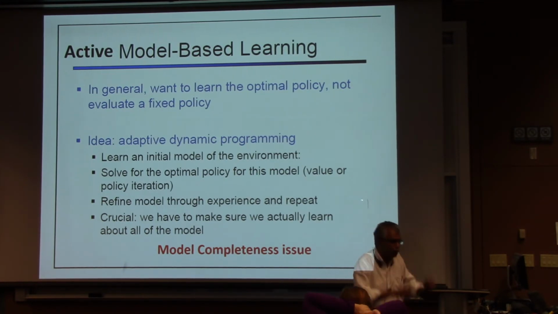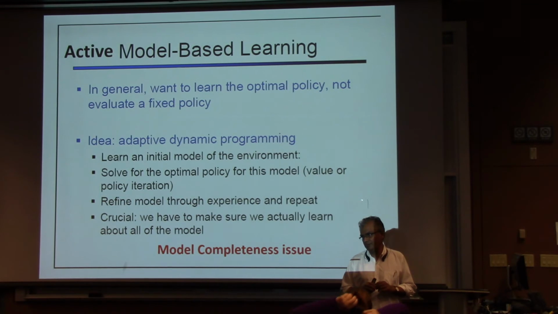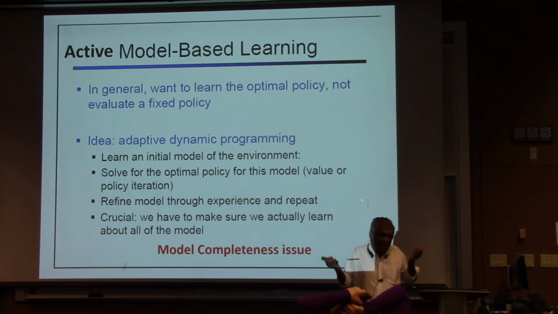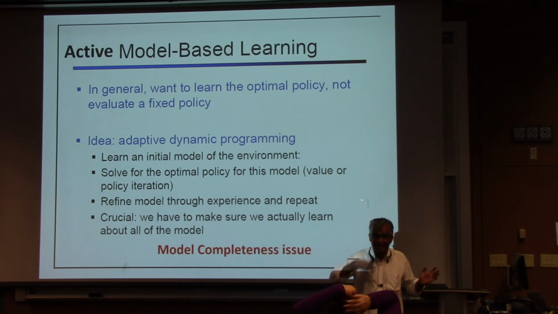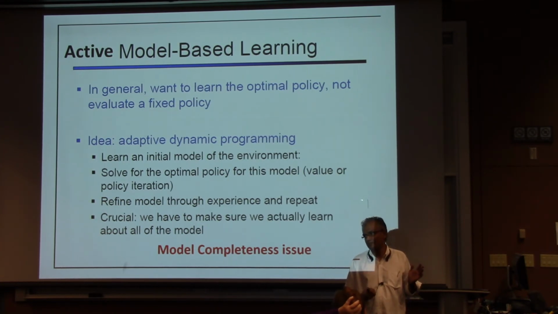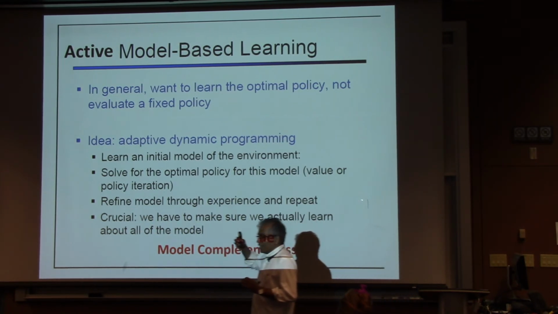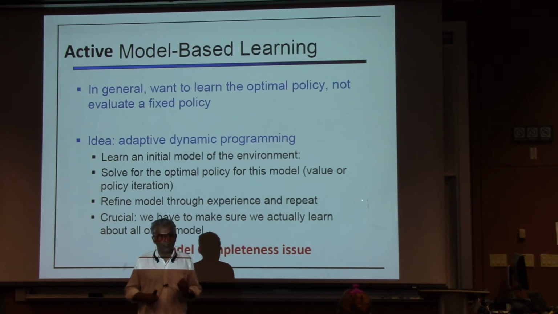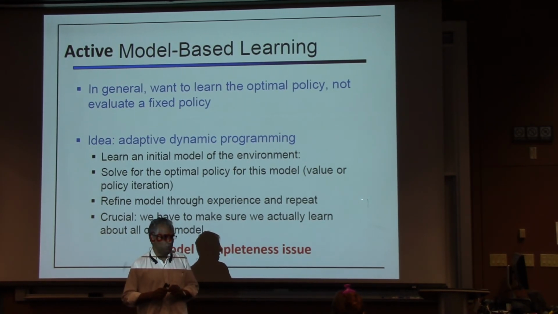So the temptation you have is, after a bit of random exploration, you compute the optimal policy with respect to those transition values. At this point, you have an optimal policy. Would you just keep doing that, or still continue to do a random walk? The answer is, if you just stick at any point of time to the optimum at that point, you're being greedy. You are exploiting your incomplete knowledge.